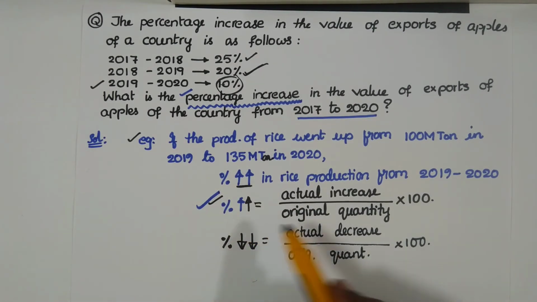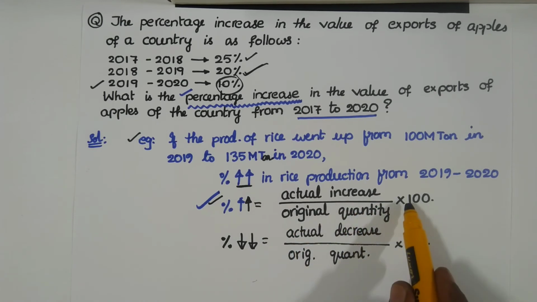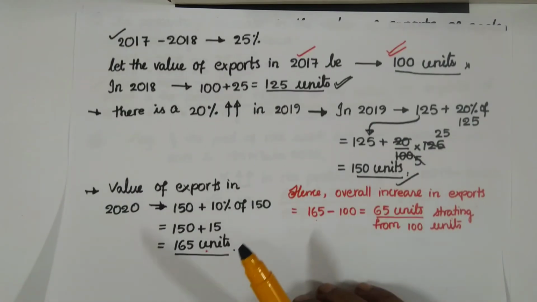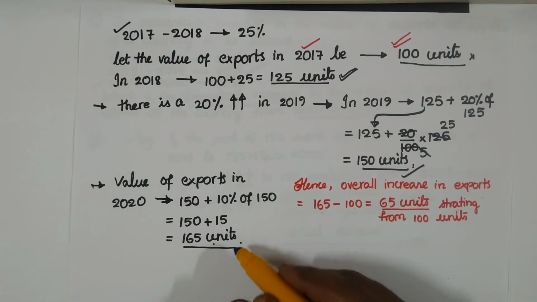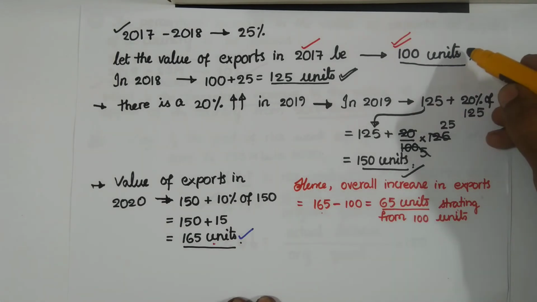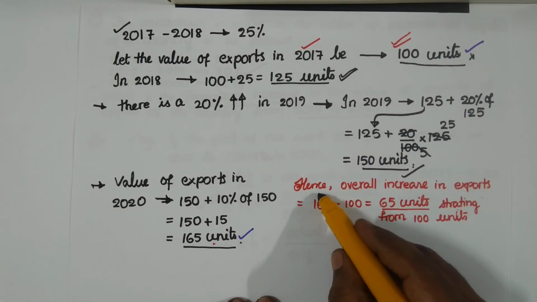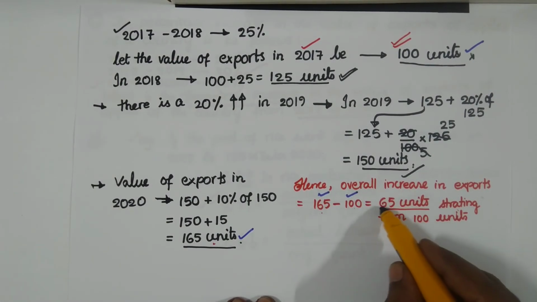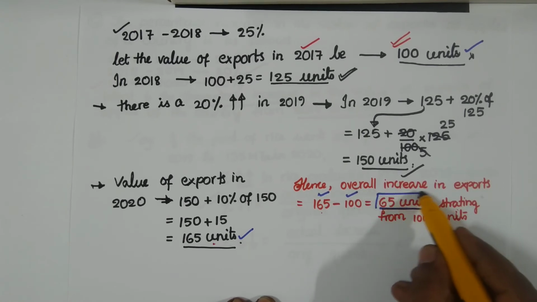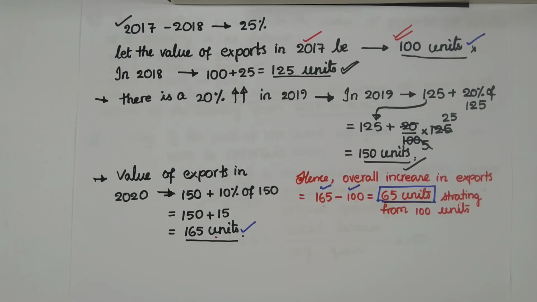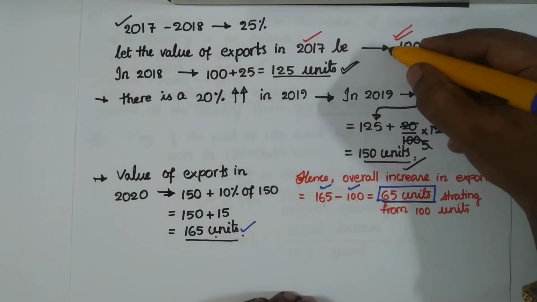Percentage increase equals actual increase over original quantity, multiplied by 100. Actual increase is the final value minus the initial value, which is 65 units. The original quantity is the starting one, that is 100 units.